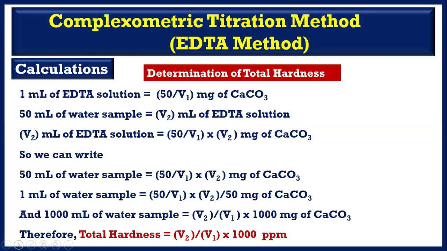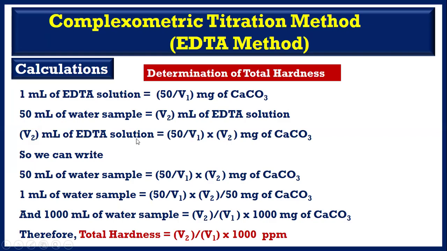Now coming towards the second part of the calculation, that is the determination of total hardness. We know that 1 ml of EDTA is equal to 50 by V1 milligram of calcium carbonate. When we titrated, 50 ml water sample is equal to V2 ml of EDTA solution.